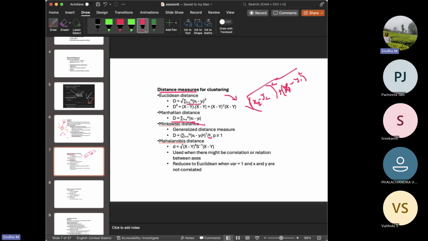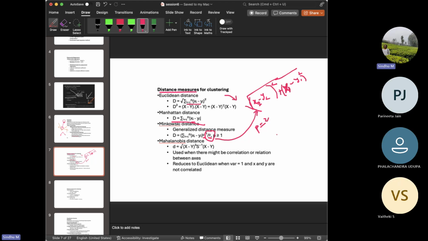If the p value is 2, then you will take the square and then the square root, so it would be the same as the Euclidean distance. But if the p value is 3, then instead of a square you will take a cube, and instead of a square root you will take a cube root.